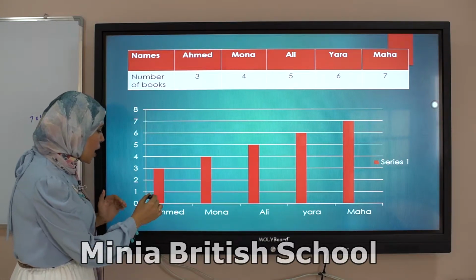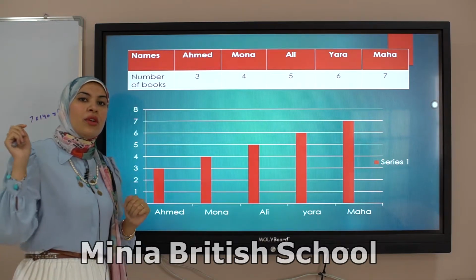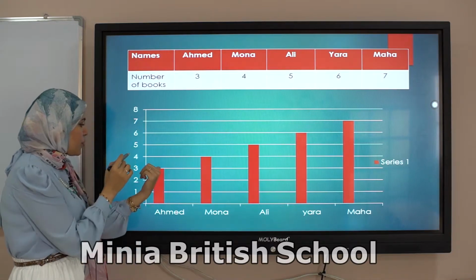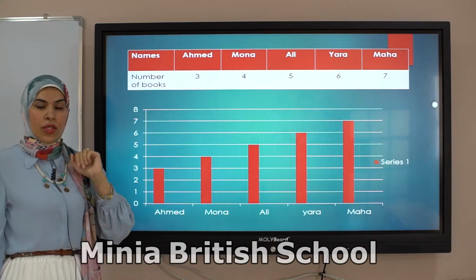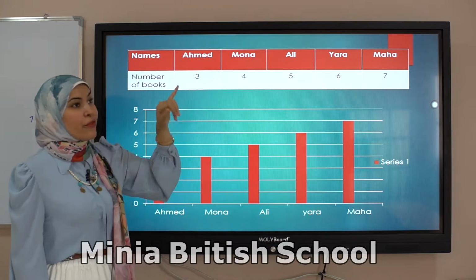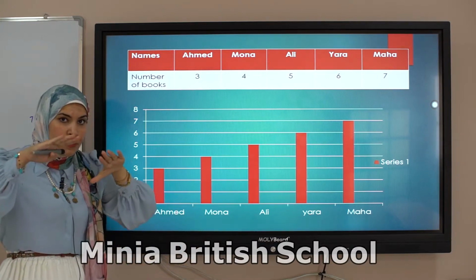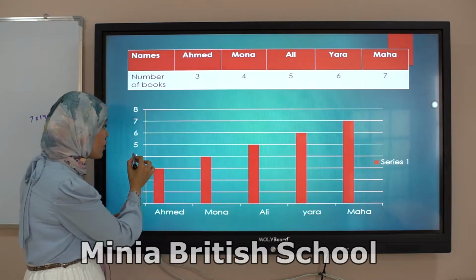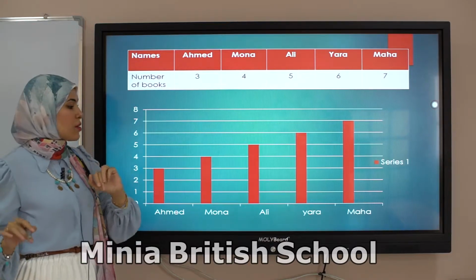Okay, so I color from down to up until I reach number 3. So I count and color to reach number 3. This is number 3, so this is right. Okay, the second name, Mona has 4 books. So I look at Mona and color from down to up, from 0 to reach number 4. I color and reach number 4, so this is right.